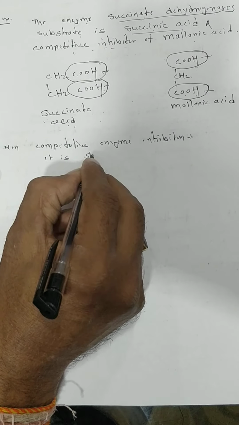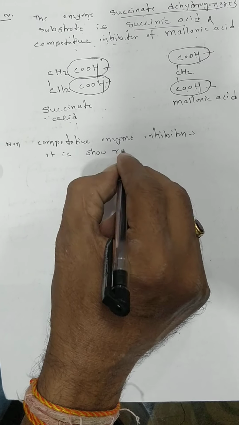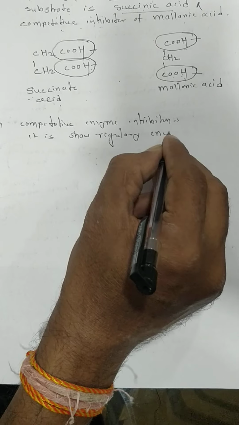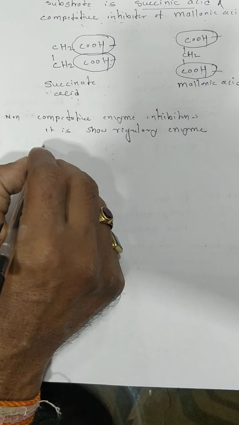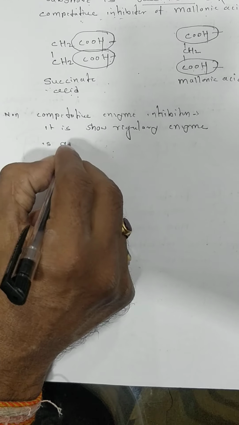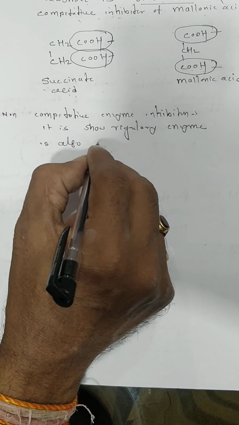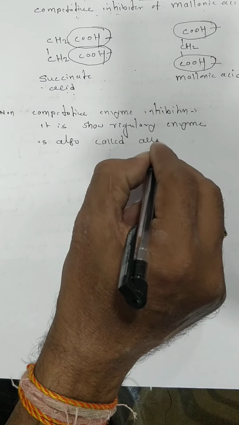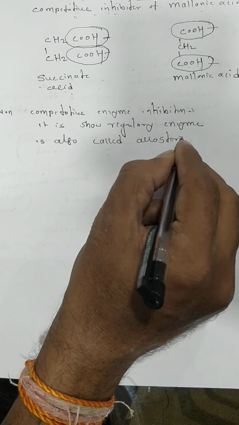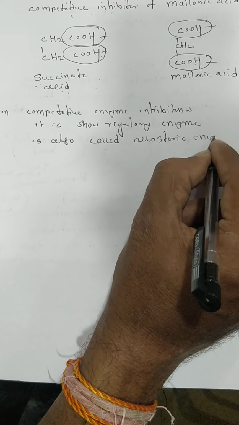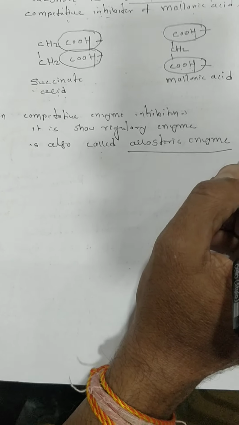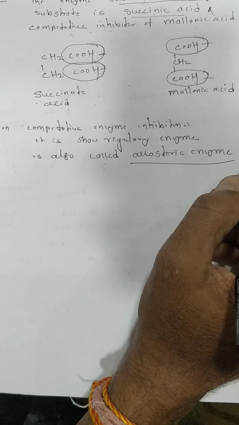It is shown by regulatory enzymes, also called allosteric enzymes. You have already studied allosteric enzymes in the previous lectures.